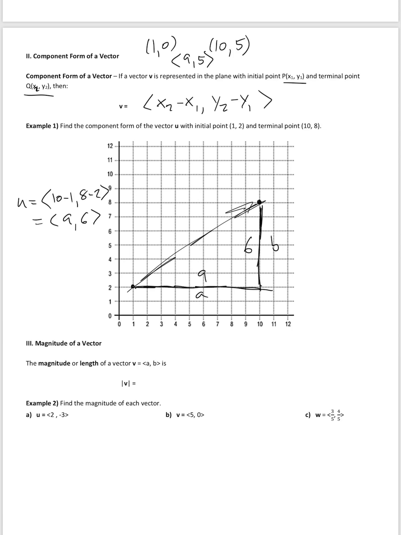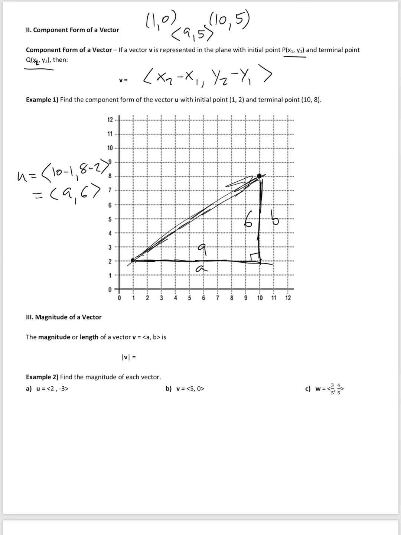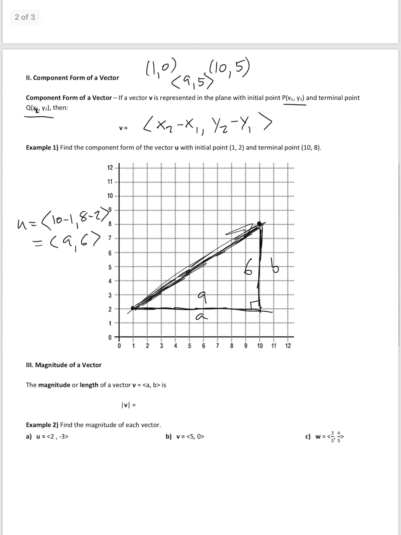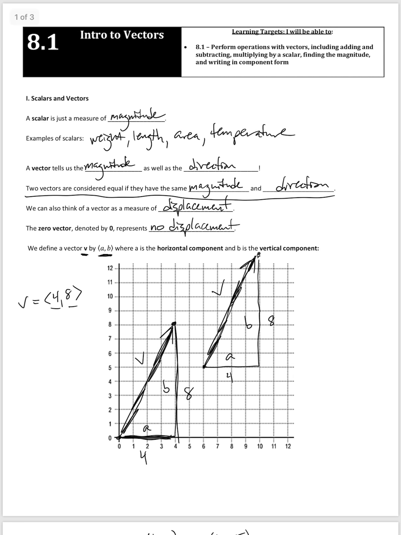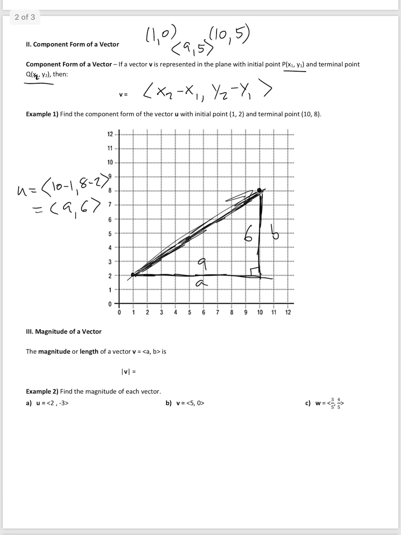But a natural question that comes from looking at this picture here, what shape did we just make? That's a right triangle. There's a reason we do this after trig. I might ask, well, what is the length of that vector? What's the total distance that I traveled? Well, when we're talking about vectors, that is the magnitude, the length, or whatever other value we're representing here.